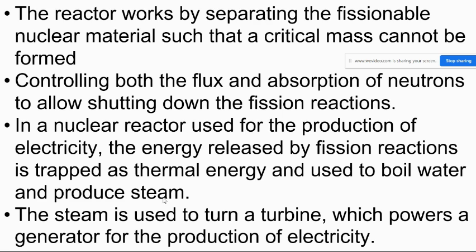The steam then runs the generators, which create our electricity. They also have hydroelectric plants. The hydroelectric plants do a similar thing where the water flow will turn the turbines. Instead of steam turning the turbines, the water does.